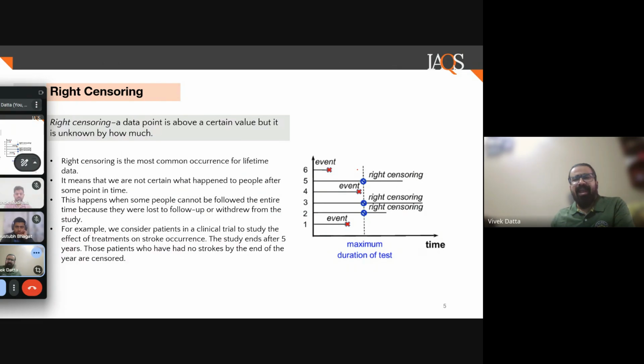In our two estimates, Nelson-Aalen and Kaplan-Meier, we will assume that all censoring is non-informative. Why? Because informative censoring creates bias.